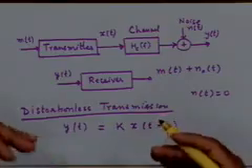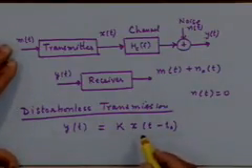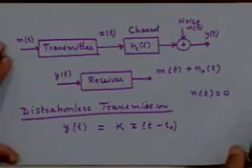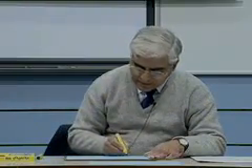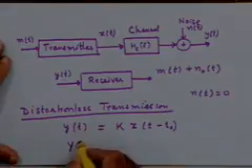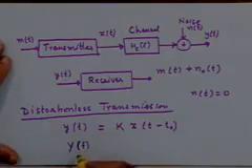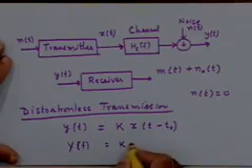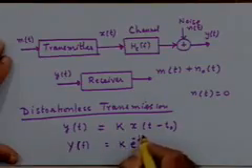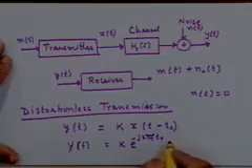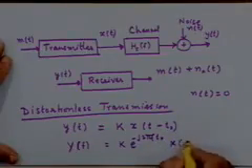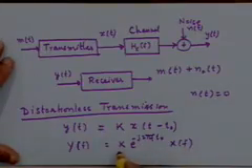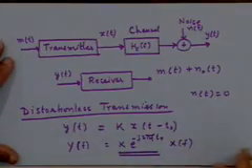Now let's look at this effect in the frequency domain. What are we saying therefore? What are the characteristics of the channel for a distortionless transmission? If you were to express the same relationship in the frequency domain, this would be Y of f equal to k times e to the power minus j2 pi f t naught into X of f, right? So what are we saying about the transfer function H sub C of f?